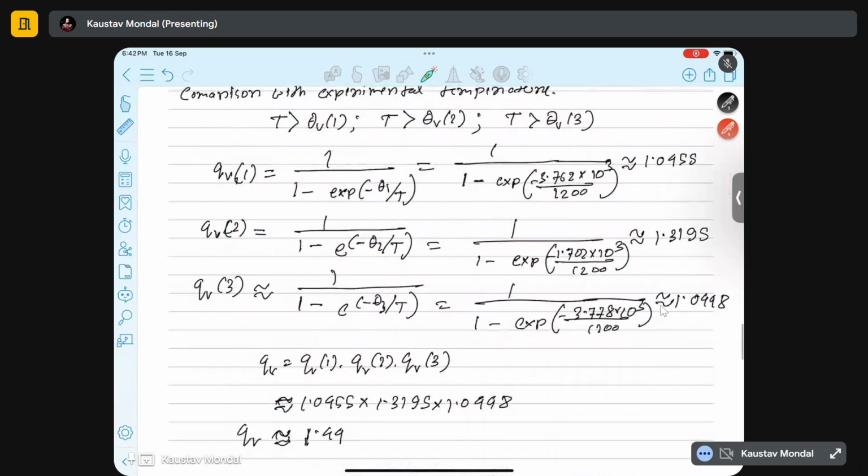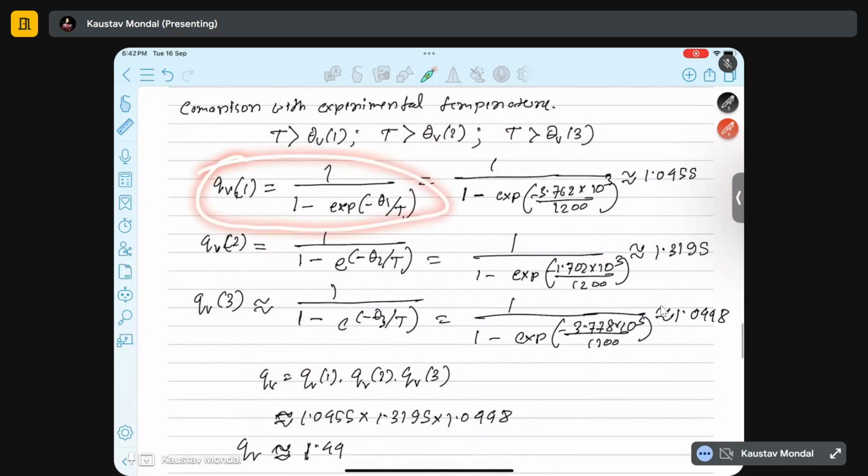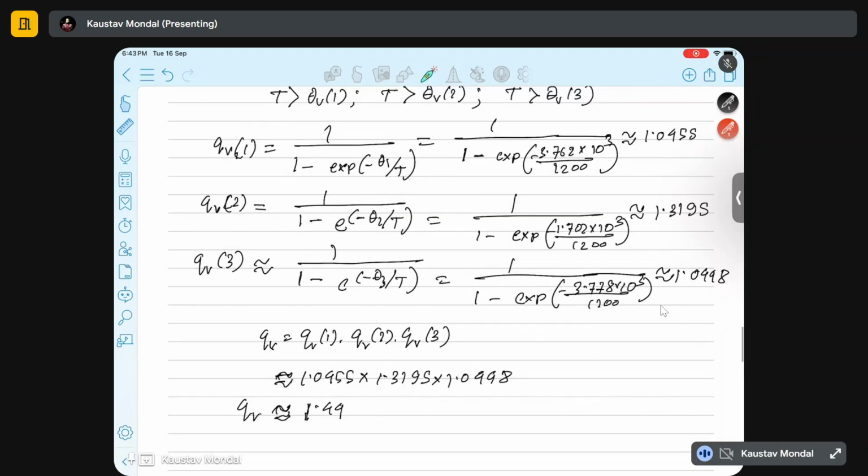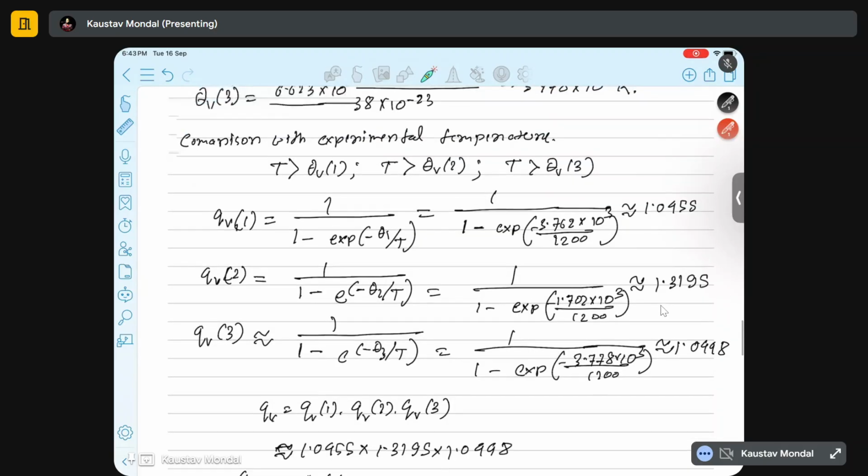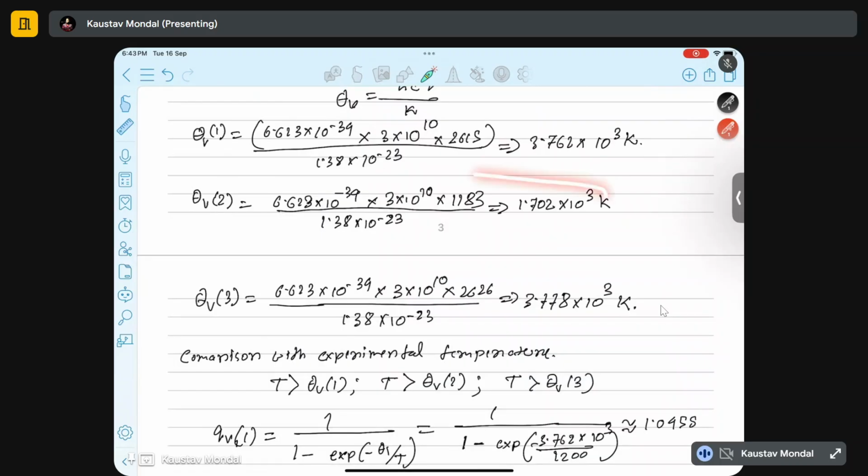So we have calculated QV1 first by simply substituting the vibrational temperature values that we have calculated earlier and the experimental temperature, and by doing so we got QV1, which is approximately equal to 1. Basically, the higher the vibrational temperature is, the closer QV gets to 1. Like here you can see for the QV2 case, the value of theta 2 is the least compared to the other two, right?